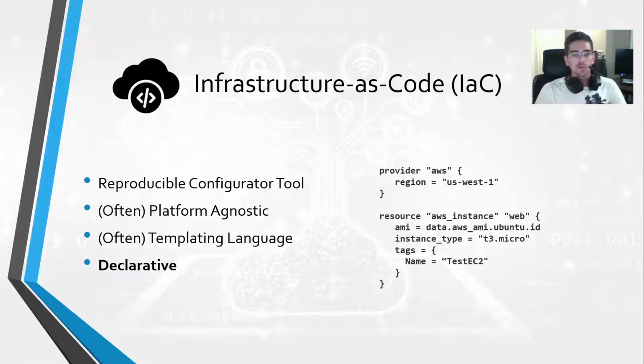Typically you would have a JSON or a YAML style file, which has a bunch of key value pairs that are grouped, and those describe the infrastructure resources that you want to create or modify or upgrade.